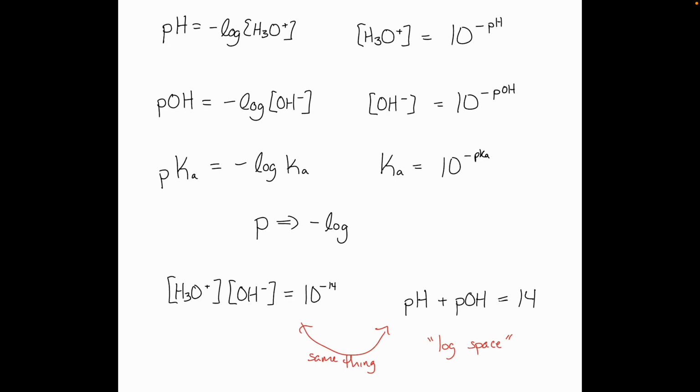There may be situations where it's more convenient to use one or the other, but you could always use either one and get to the same answer. Sometimes it'll be more steps, but either one would work because they're both saying the exact same thing. All I did was take this autoionization relationship, take the negative log of both sides, do some algebra, and that simplifies to that.